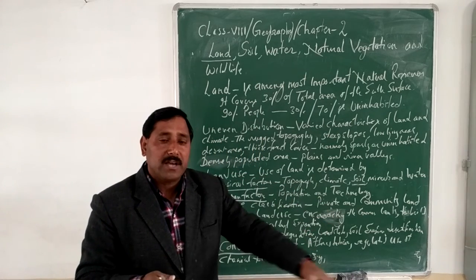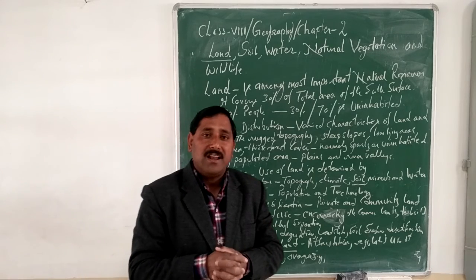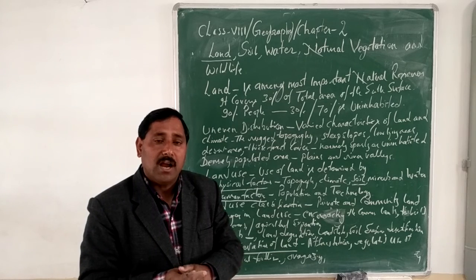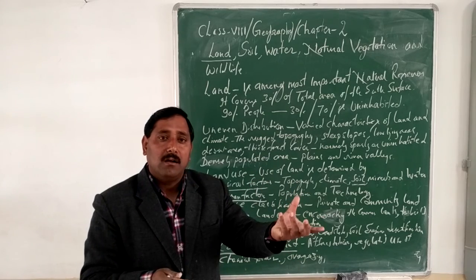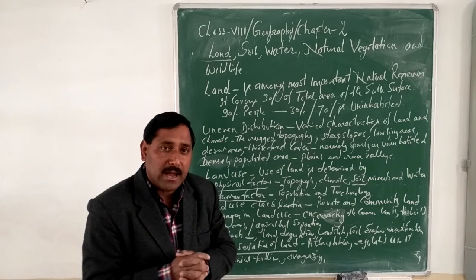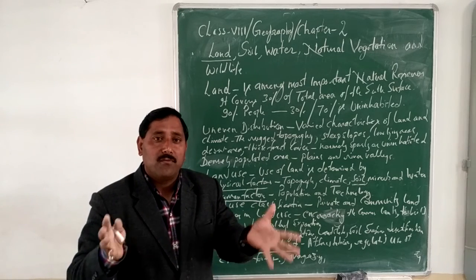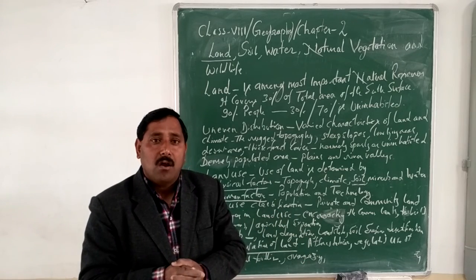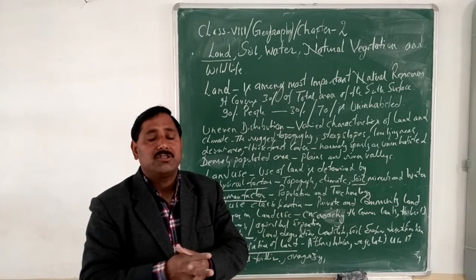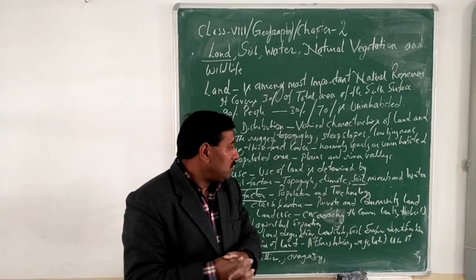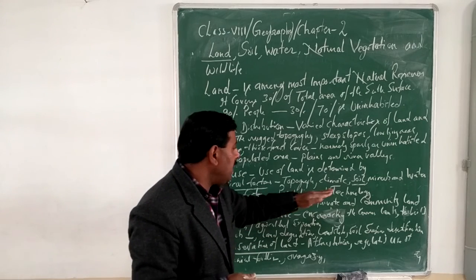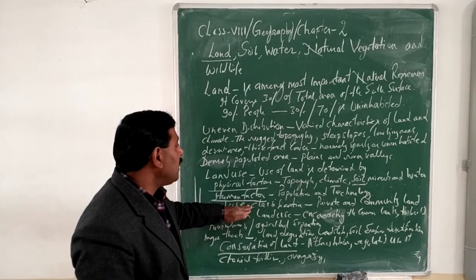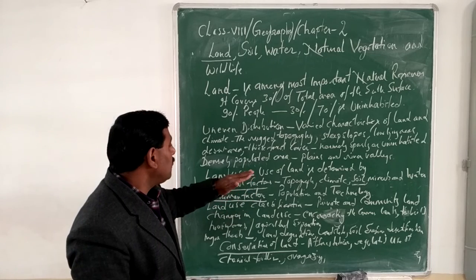Like minerals which are deep inside the Earth's surface, unless we extract them, use our technology, and process them, we cannot make more important things from them which are useful for us, whether it is utensils, ornaments, or use in iron industries. So it is the population and technology which come under the human factor, and it is a very important determinant of land use.